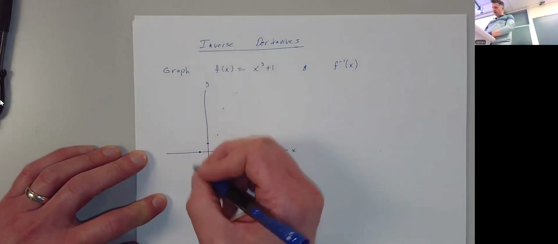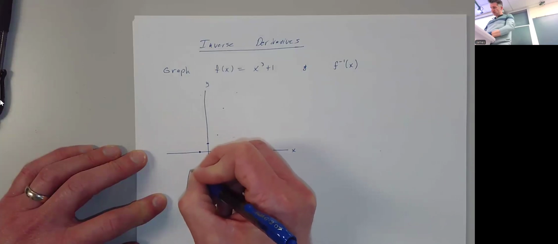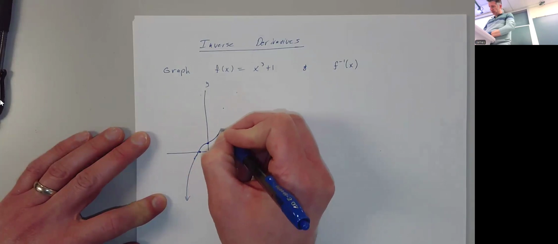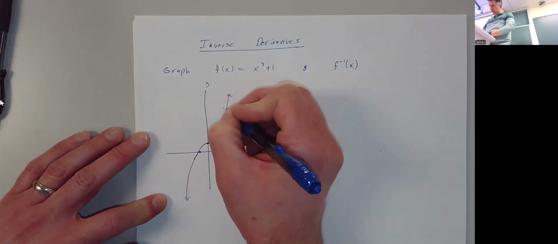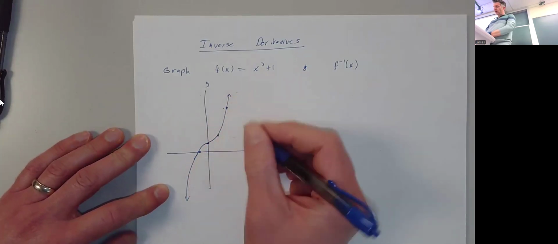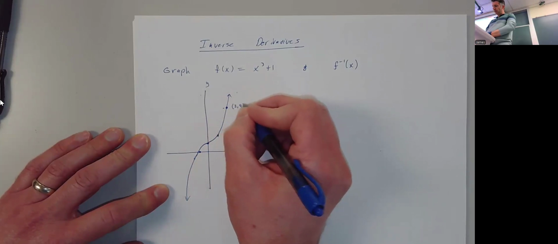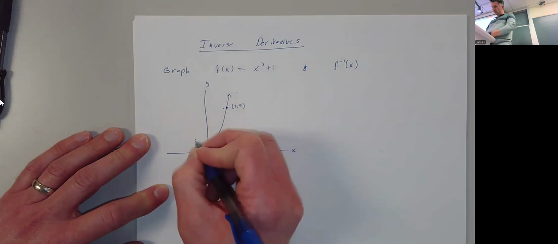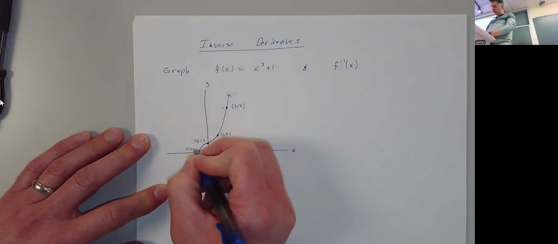It looks vaguely like this. The point I'm really focused on here is the point 2, 9. And we've got some other points: 1, 2; 0, 1; -1, 0.